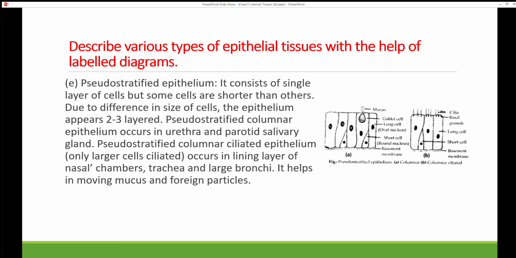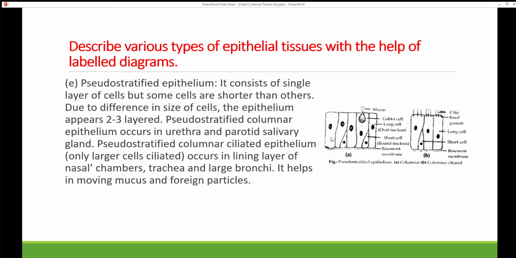The fifth kind is pseudostratified epithelium. What is pseudostratified? See the diagram: it is a bit elongated and consists of a single layer, but some cells are shorter than others. Some are shorter here and some are elongated, due to the difference in size of cells. The epithelium appears 2-3 layered.